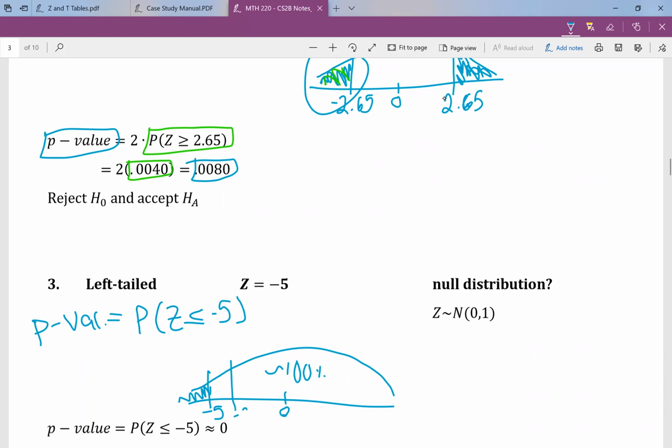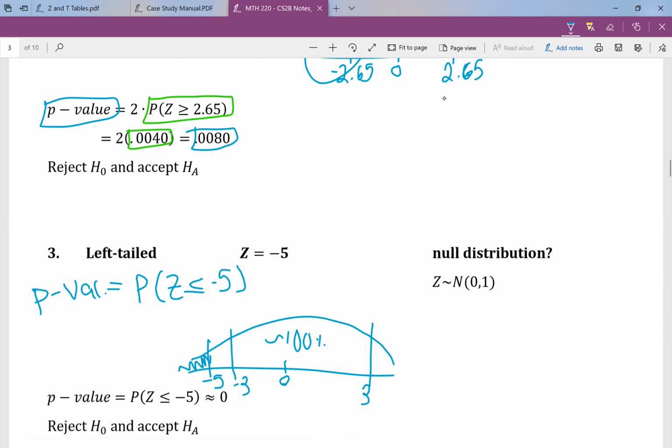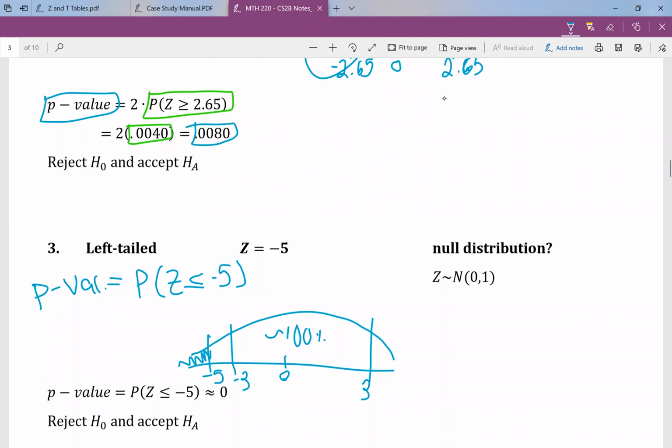So if I'm trying to get this small little area outside of my 100%, that leaves us with just 0%. So if our p-value is 0, what does that make our decision? Yes, p-value's low, reject H0, and accept HA.